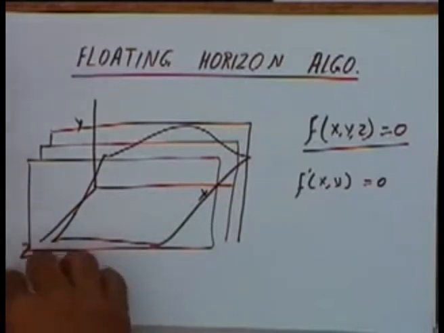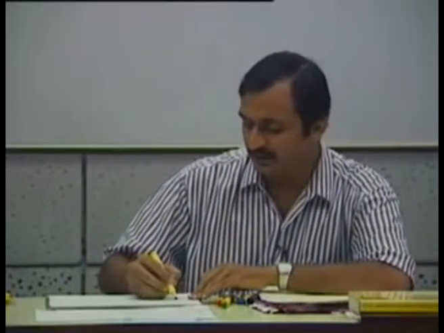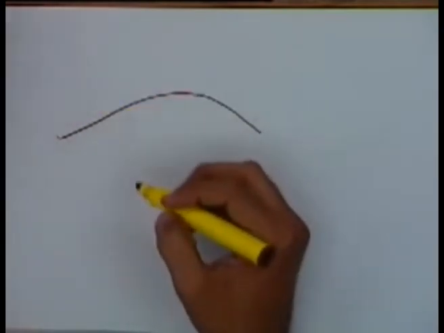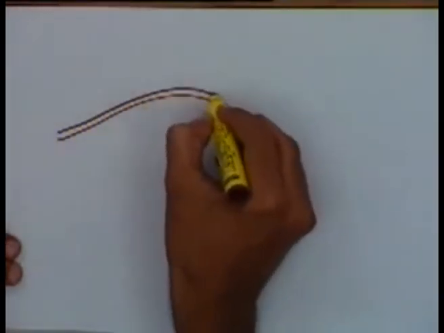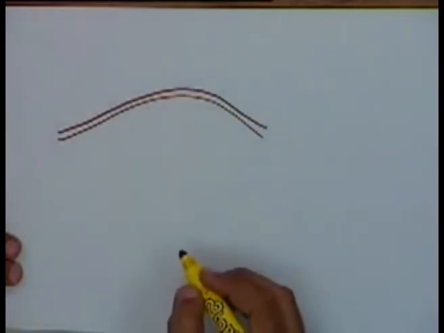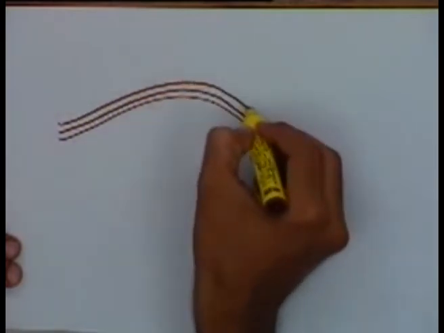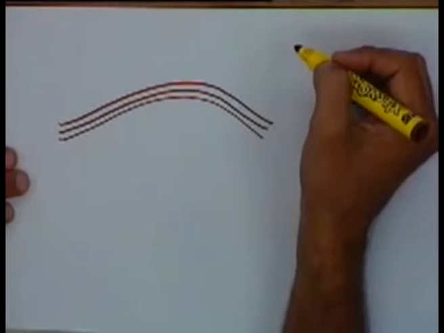Let's say with the first plane, if I get a curve like this, with the plane just behind it, I get another curve which looks something like this. With the plane behind it, I get another curve which looks something like this. I'll keep displaying each of these curves.